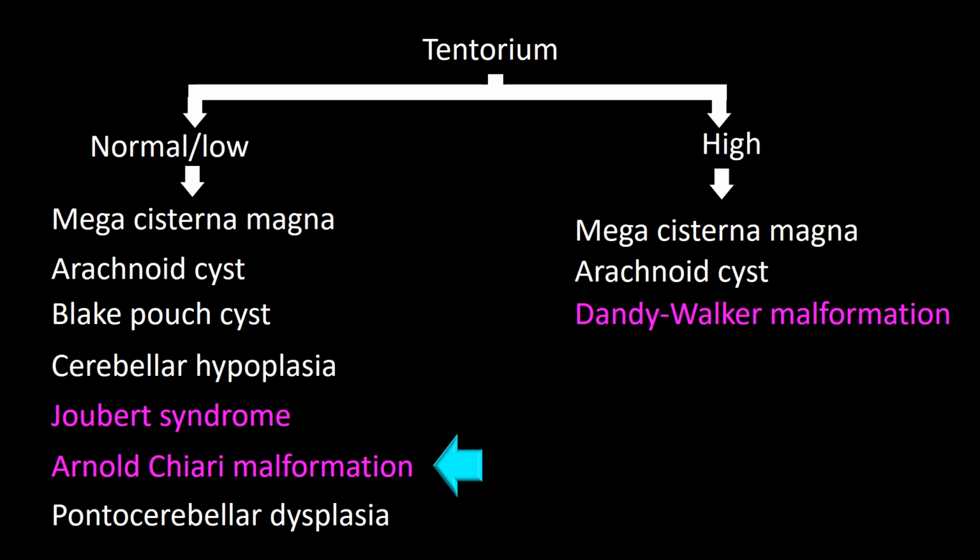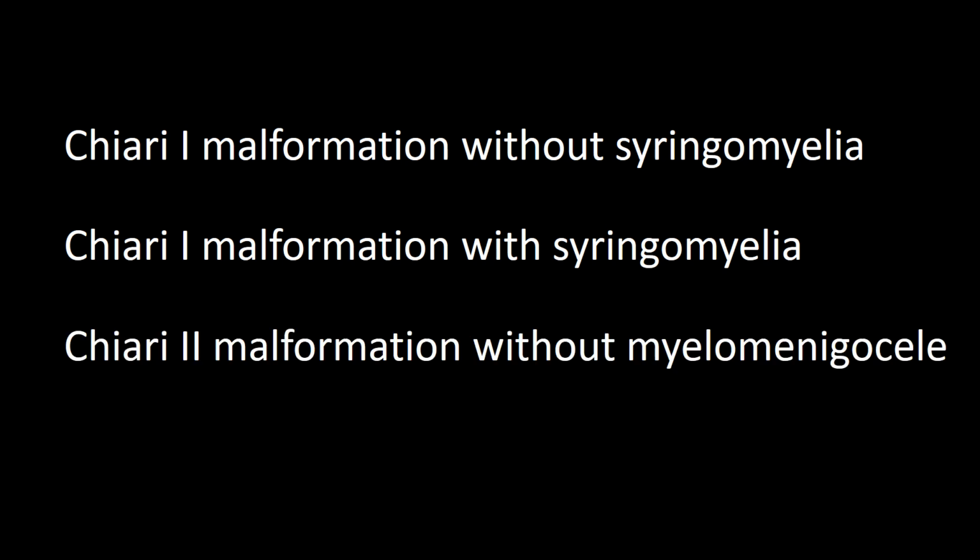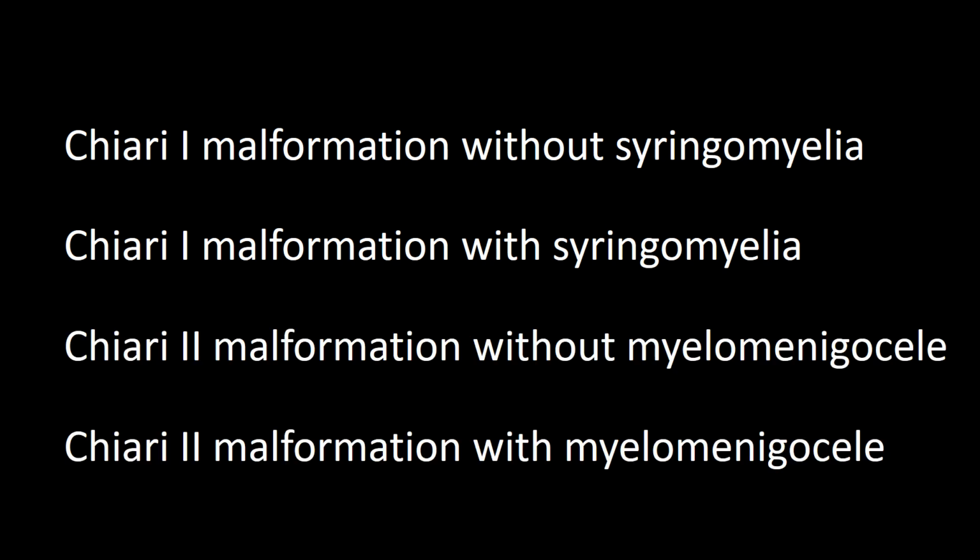There are many classifications of this condition. I would use the following: Chiari 1 malformation without syringomyelia, Chiari 1 malformation with syringomyelia, Chiari 2 malformation without myelomeningocele, Chiari 2 malformation with myelomeningocele.